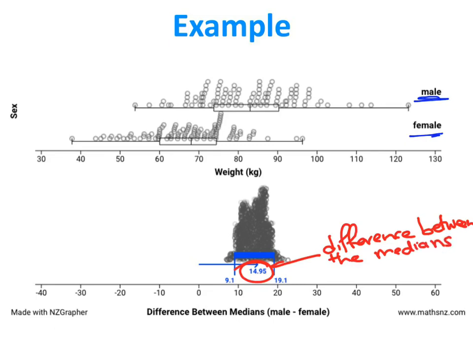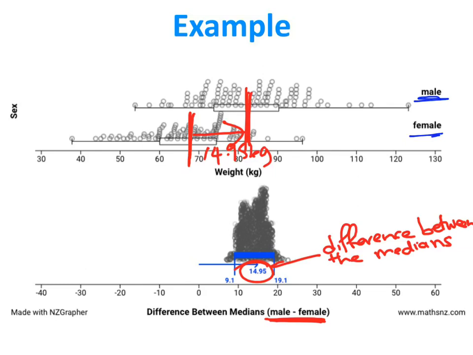Because it's positive, that tells us that the median of the males is bigger than the median of the females by 14.95 kilos. Alright, so that's what that part of it is doing. And the little hint down the bottom reminds us which way it's subtracted these two: it's done the male median take away the female median.